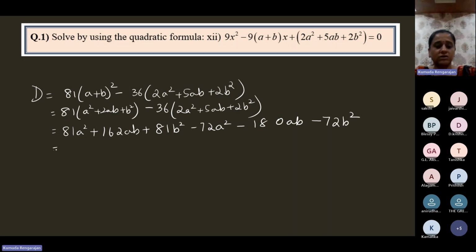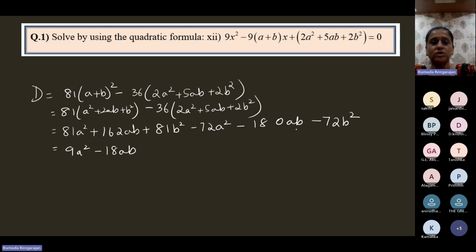Okay, so then 81a² minus 72a² is 9a², plus 162ab minus 180ab is minus 18ab, plus 81b² minus 72b². We are simplifying the like terms: a² terms, ab terms, b² terms.